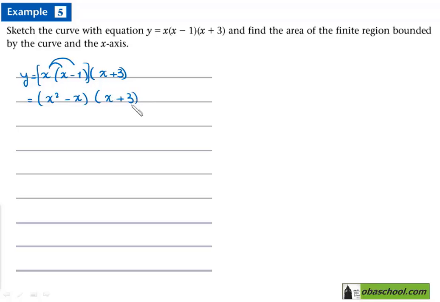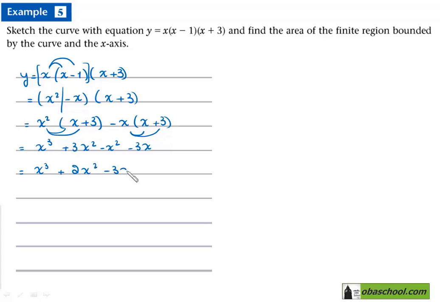Now we will expand again by splitting the first term: x squared multiplied by x plus 3, minus x multiplied by x plus 3. By expanding, x to the power 3 plus 3x squared minus x squared minus 3x. Let's organize: x cubed plus 2x squared minus 3x.